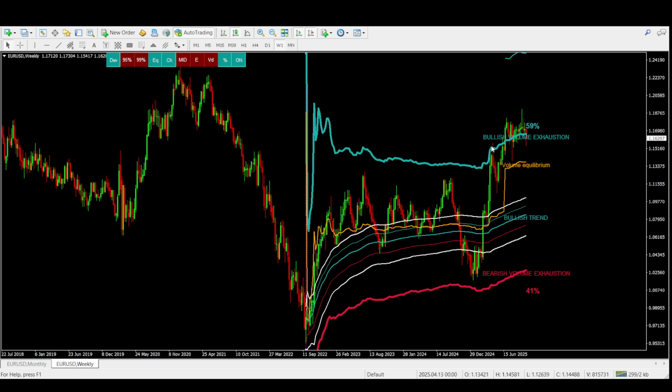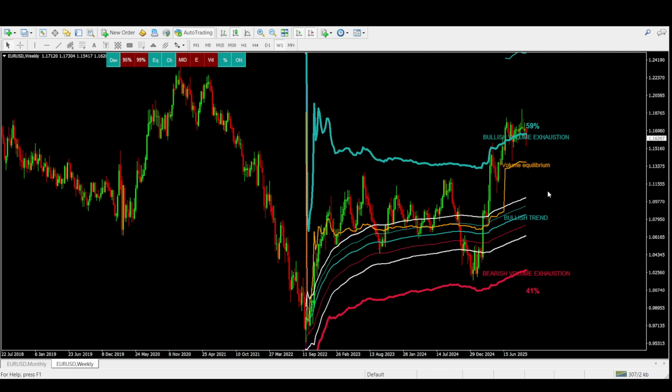And the market went to the exhaustion line where the traders collected profits again and again. The trend isn't completed because the volume equilibrium is here.